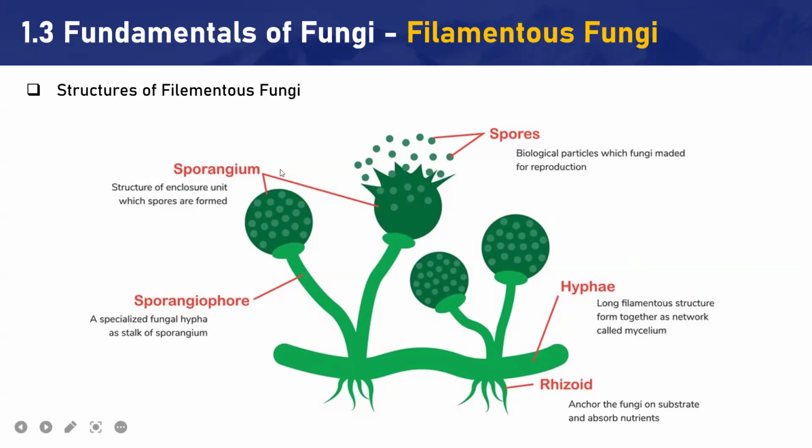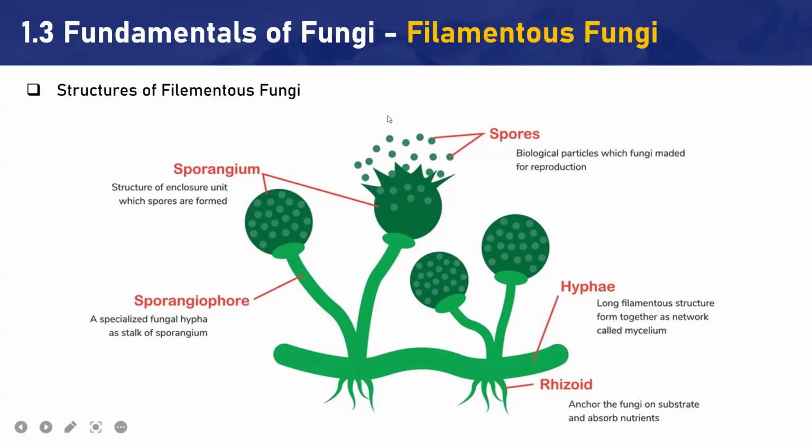The sporangium is a structure of enclosed units where spores are formed inside. And the spore is a very important component of the fungi. It's a biological particle which fungi make for reproduction.